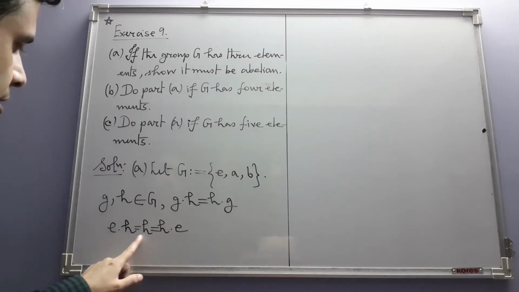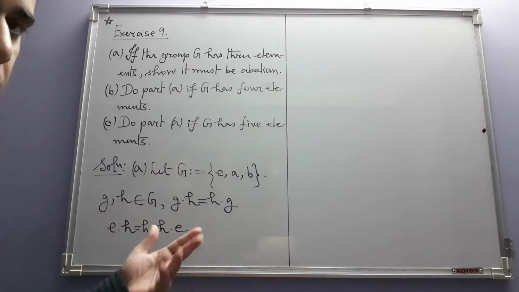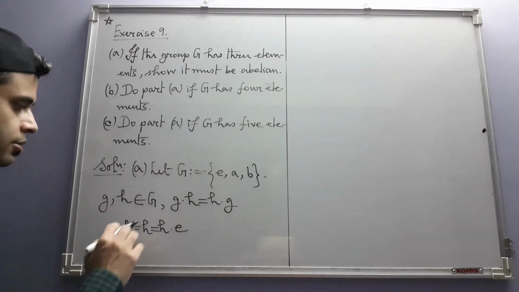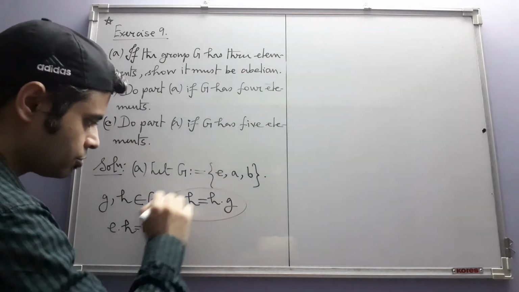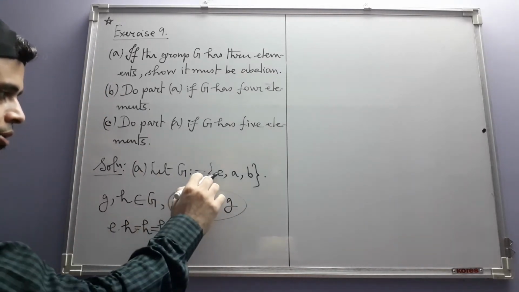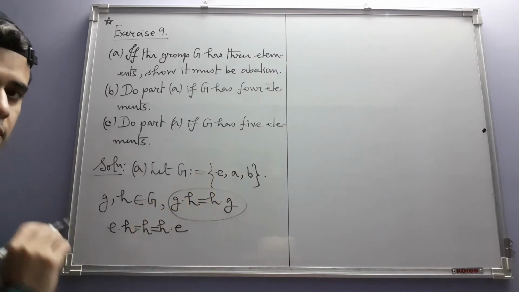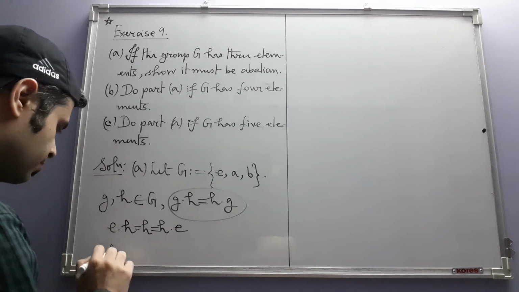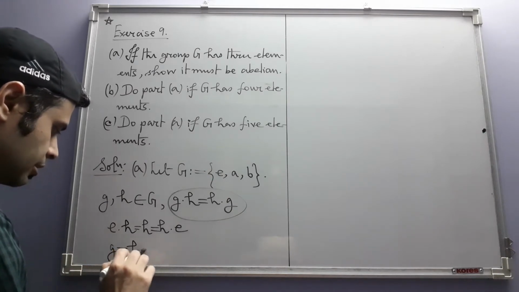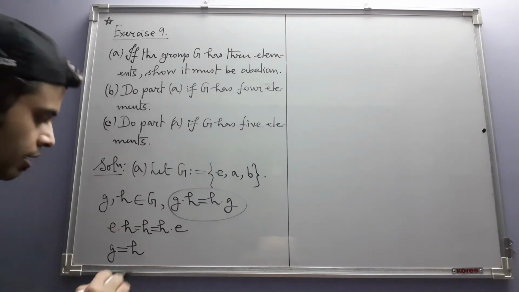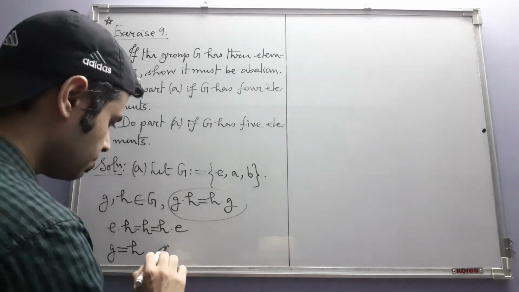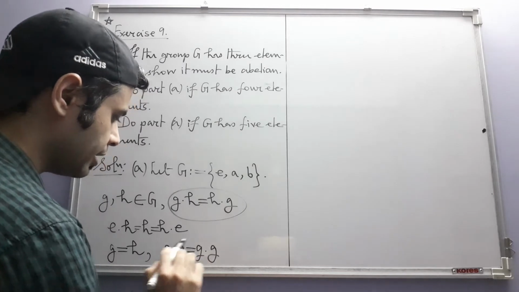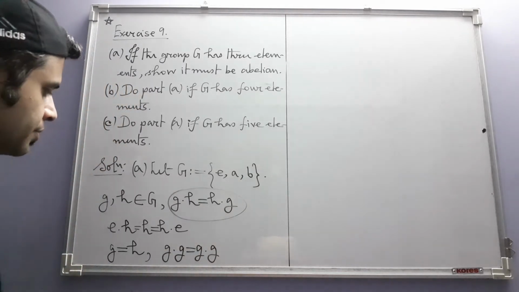You see, H can be anything, so H itself can also be the identity, or it may be any non-identity element also. So in our attempt to show that G is abelian, there is no need to consider the identity element. One more thing is that there is no need to consider the case where the elements are equal, because in that case these two products will trivially be equal.